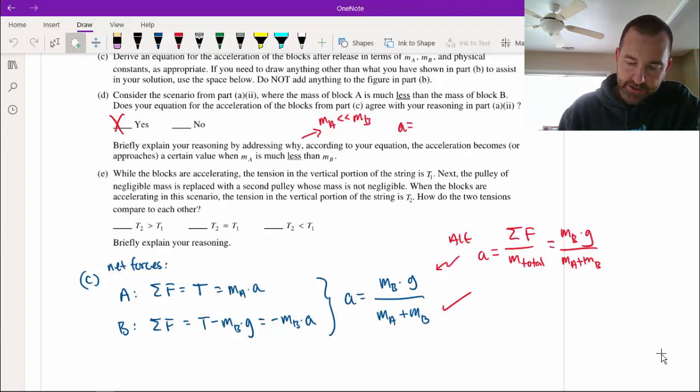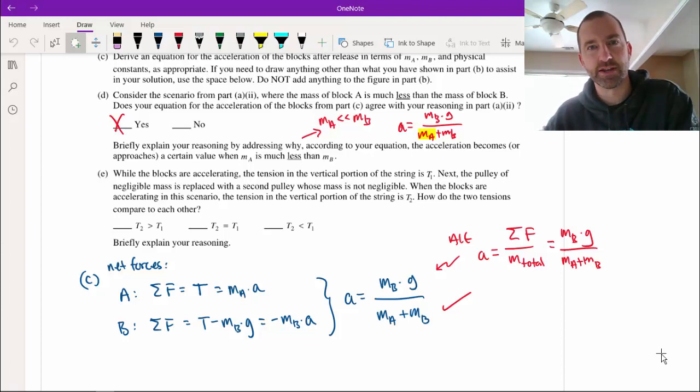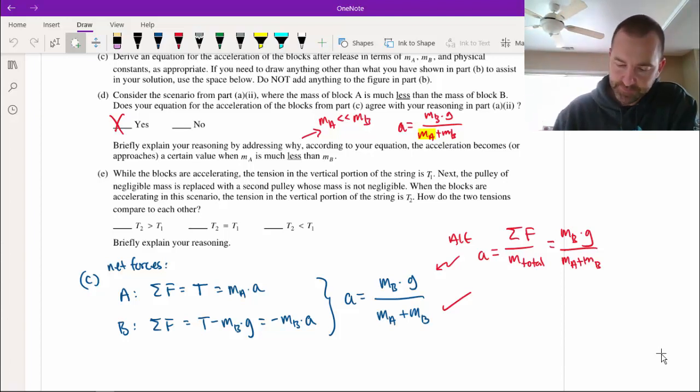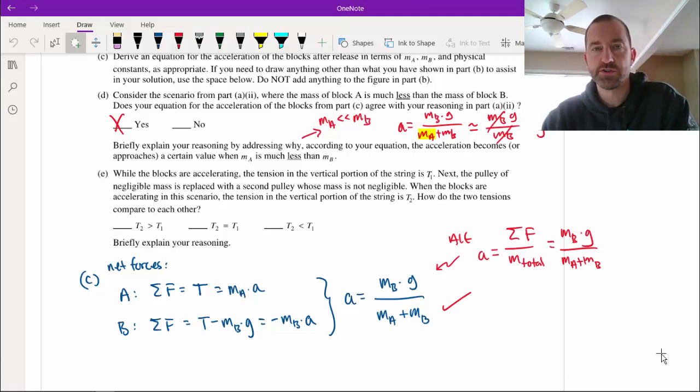So if we got acceleration is equal to m_B times g over m_A plus m_B, then the m_A that's in there is kind of like zero. Like that's kind of the limit, right? And so we can say that if that statement is true, we really just have m_B g over m_B, and those cancel, and you get g, which is free fall. So we can back up mathematically what we said in A part 2.